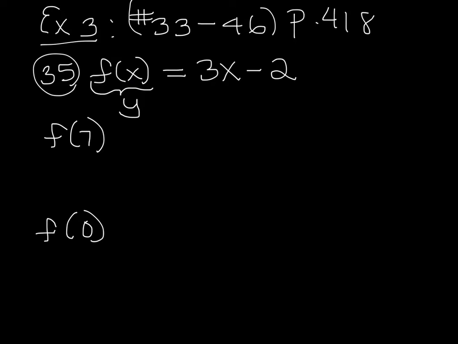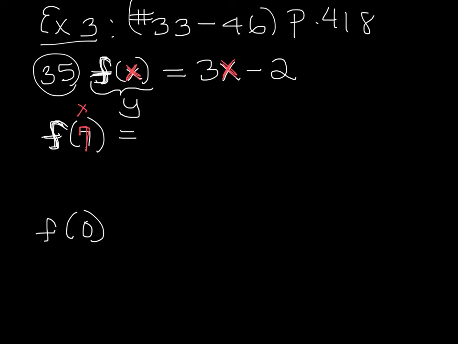Okay, so f of 7 means, so f, right, is the function. That's this same f up here. And so x is your input, right? This x is the same thing as this x, right? So this is your x. So that means your 7 is x.